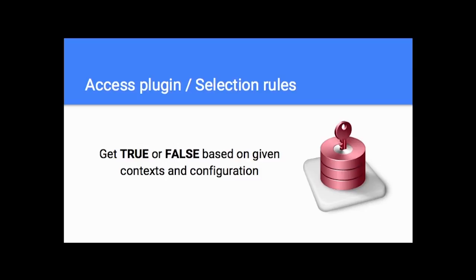For example, if node 1 is of type article, then use another kind of comparison page. If the node is another type, use something else. And the access plugin is helping us to cover the edge cases when we need to take care of security.